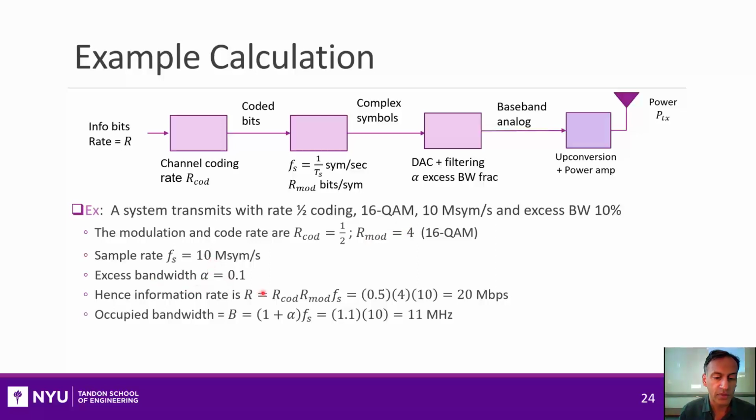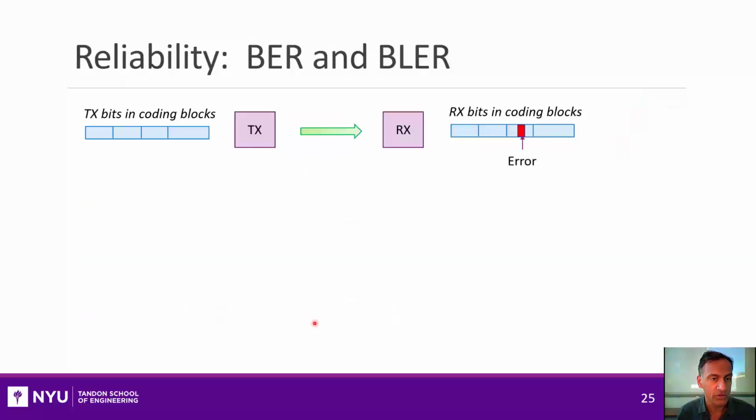So the information rate will be just this product, because we have half an information bit per coded bit times 4 bits per symbol times 10 megasymbols per second. That gives you 20 megabits per second of information rate, and the occupied bandwidth will be just a little higher than the symbol rate. Okay, so that's a very easy calculation to do.